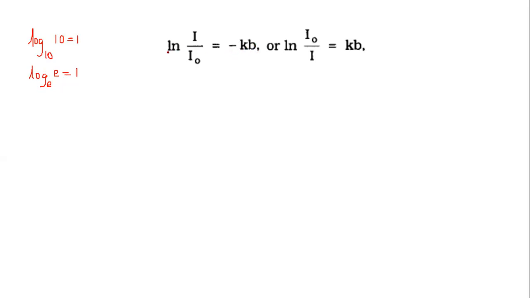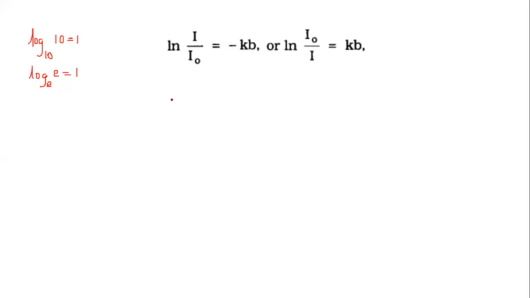So natural log of I upon I0 is equal to minus kb times log of e, that is nothing but 1. So it will be log to the base e I upon I0 is equal to minus kb. This much is fine?